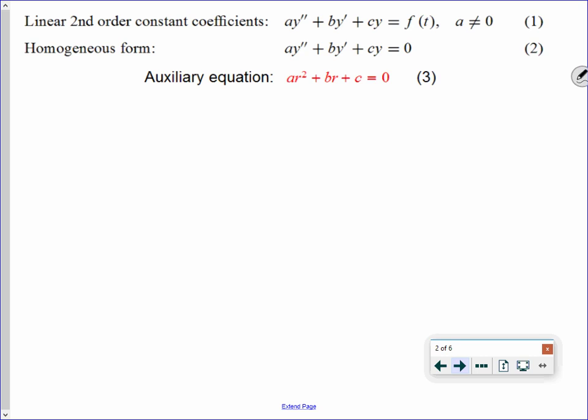The main problem is to solve something like number 1, where we have some unknown function y. We know that its first and second derivatives are linear, and they have constant coefficients. So y double prime plus b y prime plus c y equals some function f of t. And to solve that, first we need to look at the simplest case where f of t is 0, the homogeneous form. And the way to solve that is to look at the auxiliary equation, which is an ordinary quadratic equation.